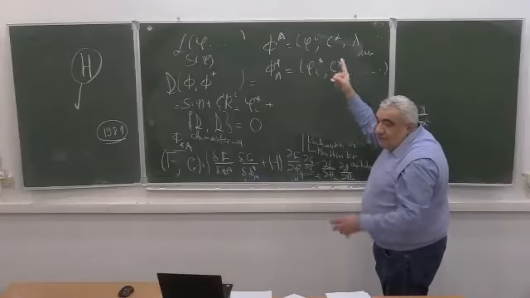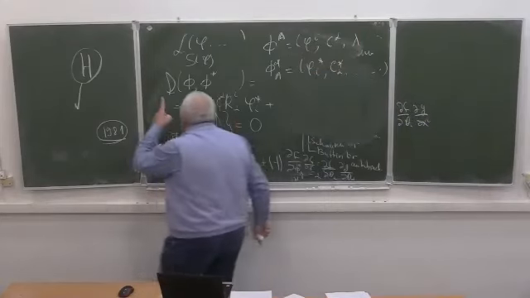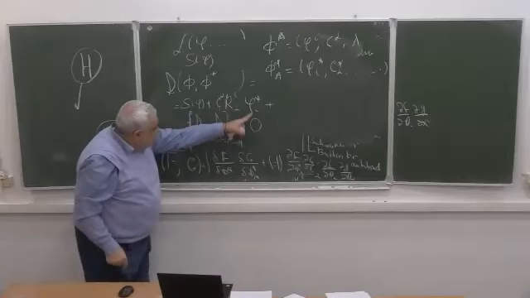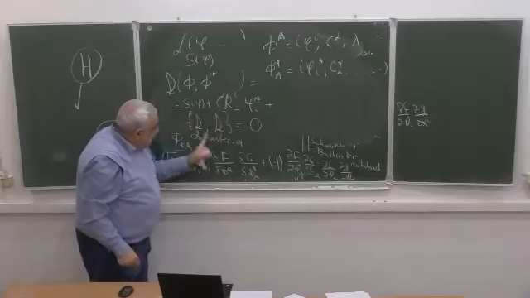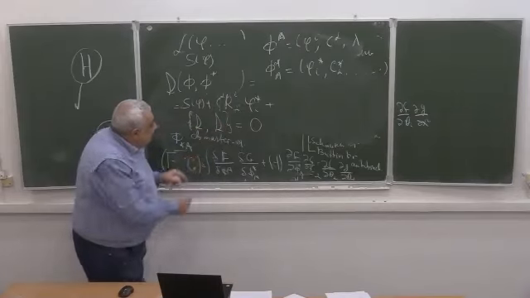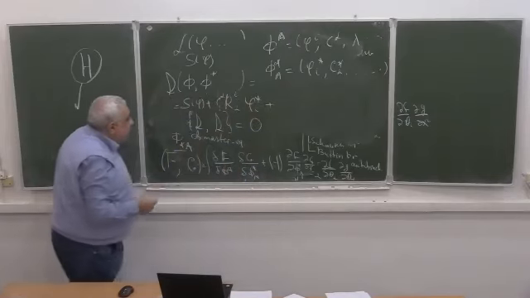So to define the theory, you need action. Using action, you solve this differential equation. In the solution of this differential equation, all the terms which are responsible for this term will appear.